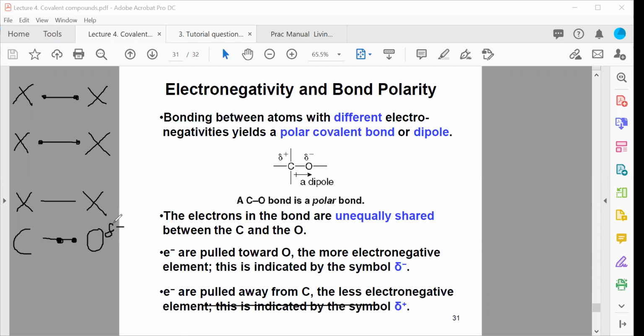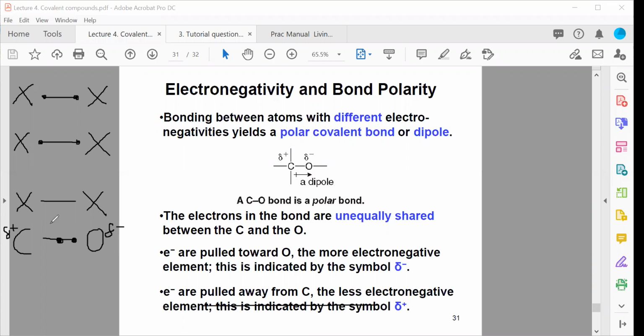A partial negative charge is imparted on the oxygen because it's almost, but not quite, picking up an additional negatively charged electron. Having said that, if we look at the carbon, carbon is almost losing its electron. Not quite losing it, but almost. So it is said to pick up a partial positive charge, which we refer to as delta positive.